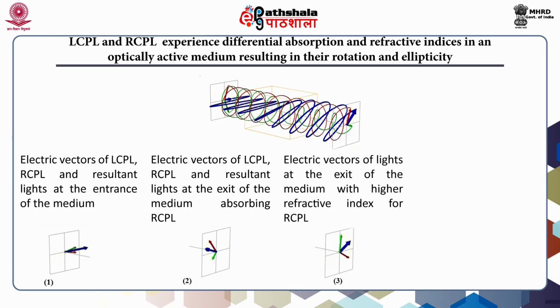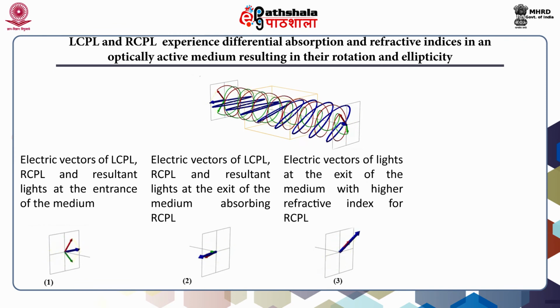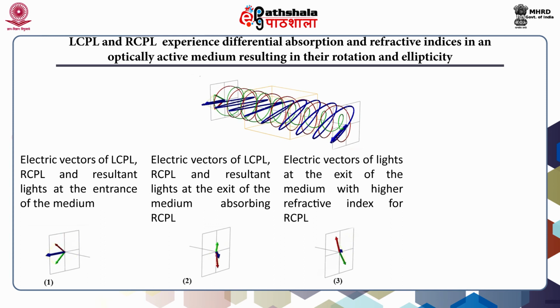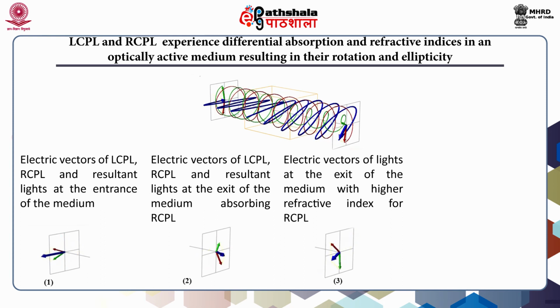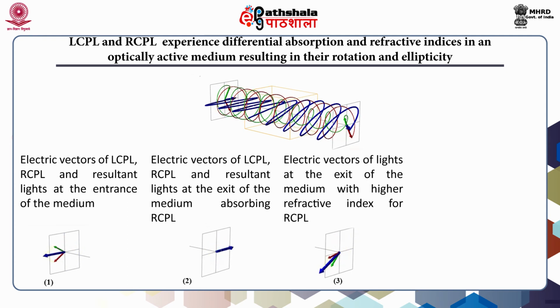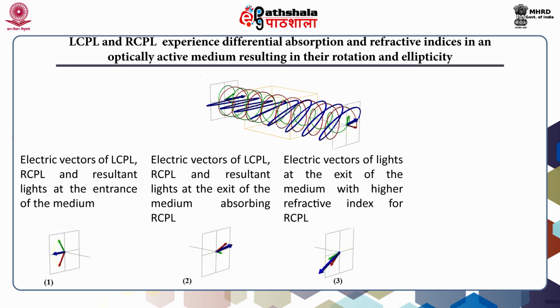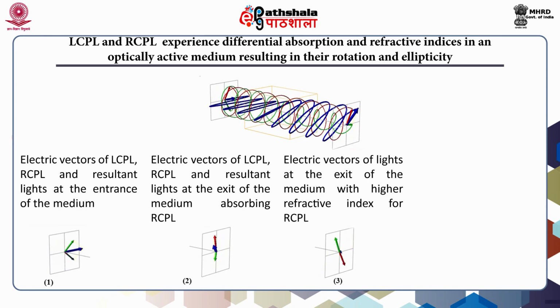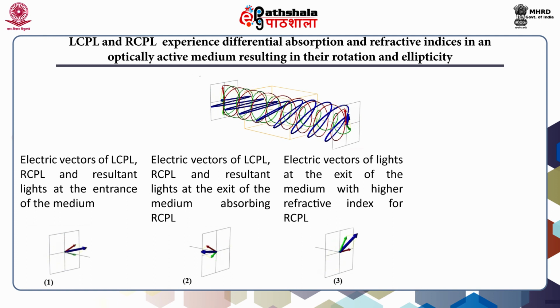Here LCPL and RCPL are not absorbed, but they have different velocities when traversing through the optically active media. So what I explained earlier results in rotation of the resultant wave in a particular fashion, and that will depend upon which particular component of light, LCPL or RCPL, experiences a greater refractive index.